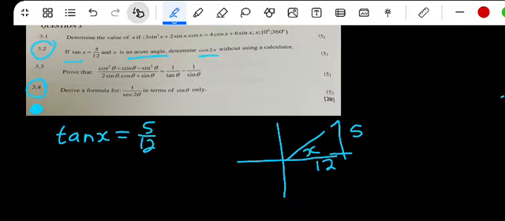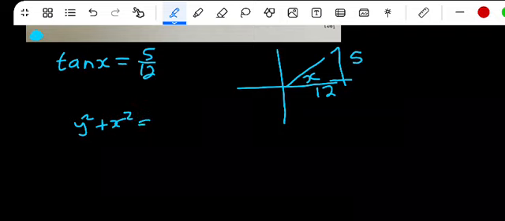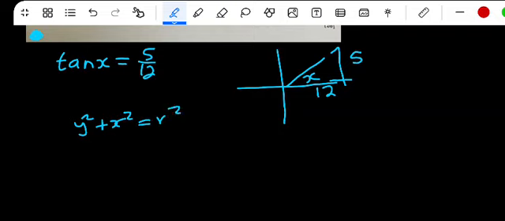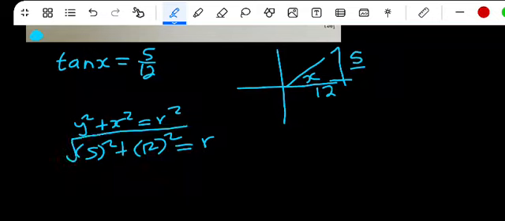Pythagoras states that y squared plus x squared must be equal to r squared, right? Our y is 5, we square this, plus our x there is 12, you square this. I want r, so I will take the square root outside.